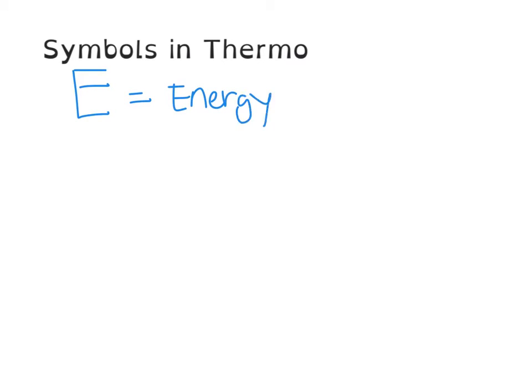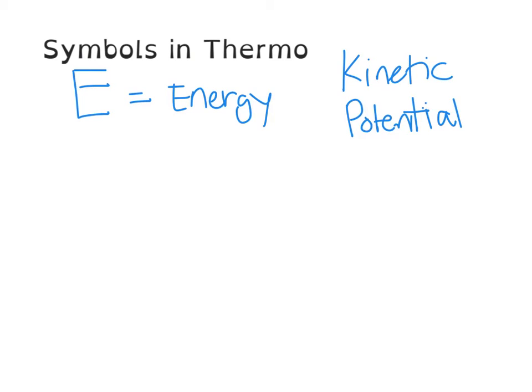And that one makes sense. Okay, so the energy is E. You can have kinetic energy, and you can have potential energy, and there's lots of factors that can affect energy. So if you see E sub K, that would be the kinetic energy, and E sub P would be the potential energy.